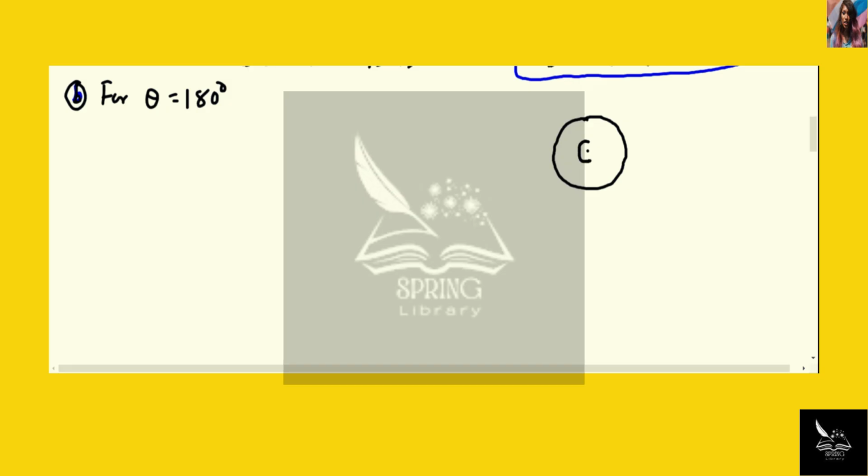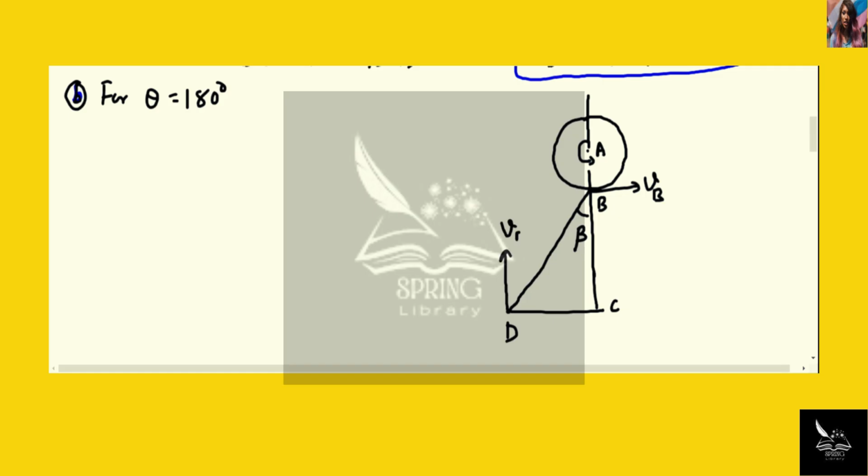This is the point A. This is the line. This is the B point. This is D point. This angle is beta. This is the direction of BD.